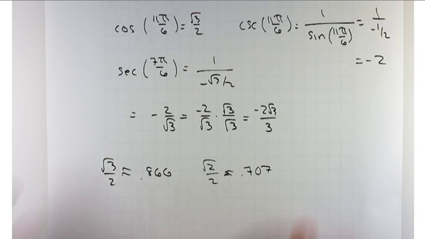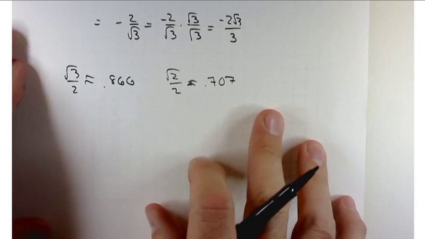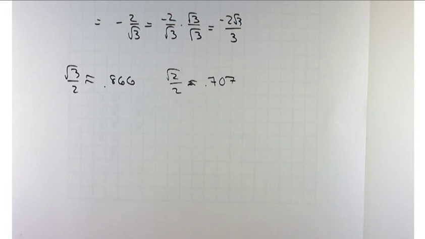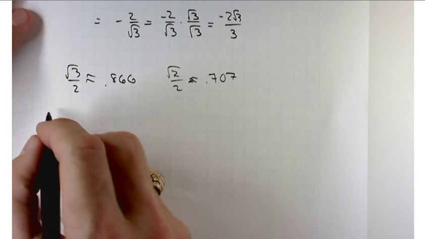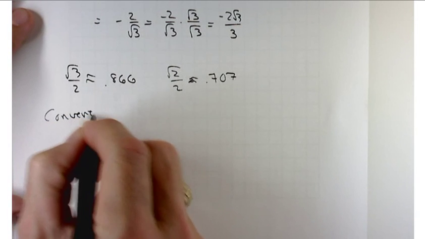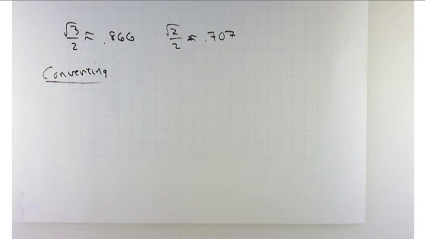Now, most of us are pretty comfortable with the idea of a degree. The idea of radian doesn't resonate so well with us. So let's practice converting. And sometimes it's easier to think in degrees and then convert to radians.